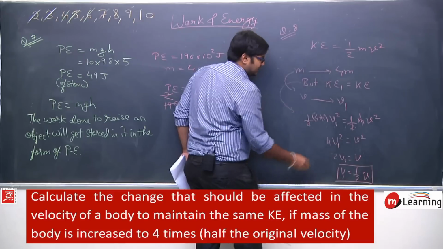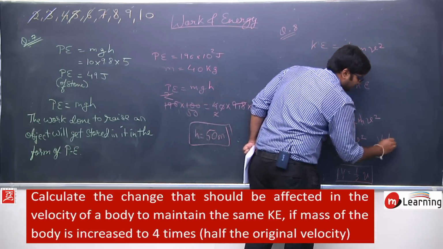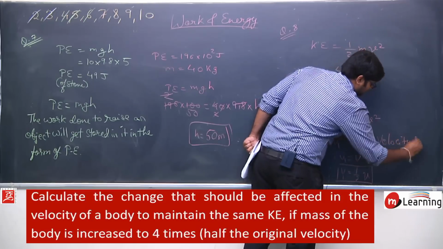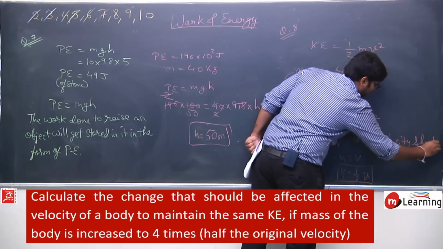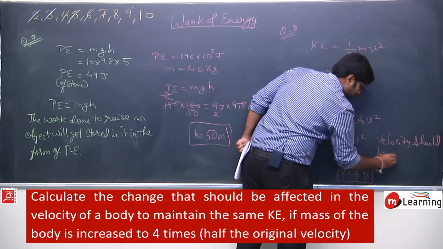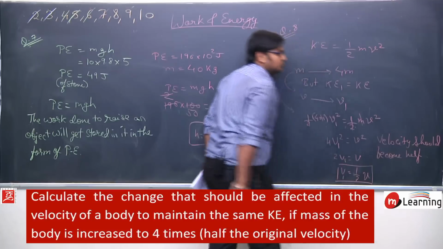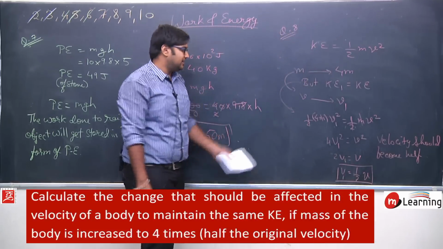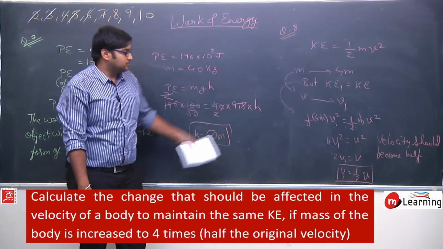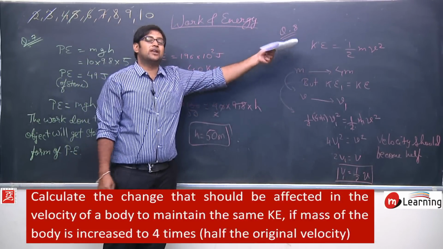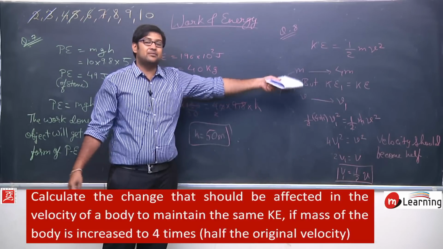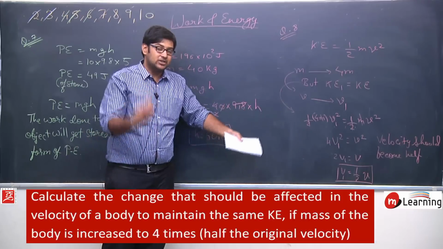Okay. So we will say that the velocity should become half. In that way, if mass is increased to 4 times, the kinetic energy will remain the same if the velocity becomes half.